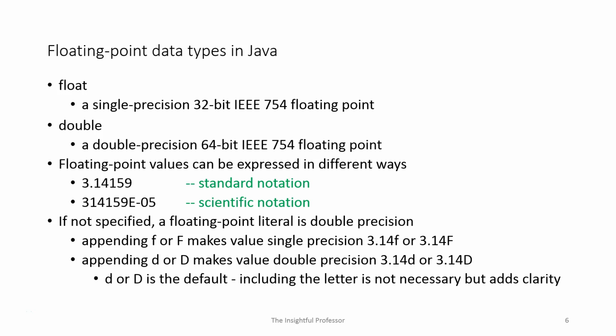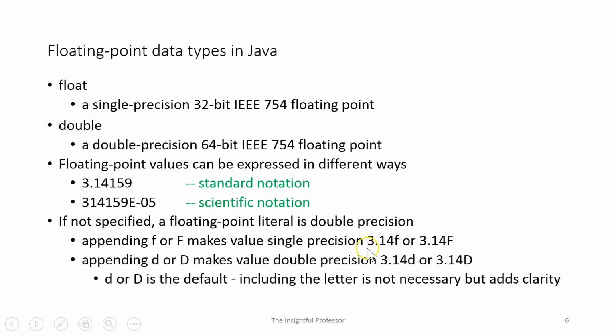So the next question that might come up is, how could we distinguish between these two numbers as being, say, single precision or double precision? What would happen is we could append to the literal value that we're introducing the letter F, either in lowercase or uppercase, and that would give us a float or single precision value. Or we could append to that number a D, lowercase or uppercase, and that would give us a double precision number.